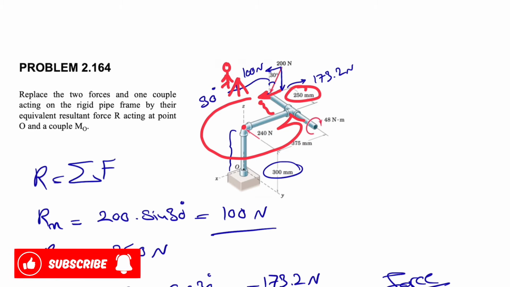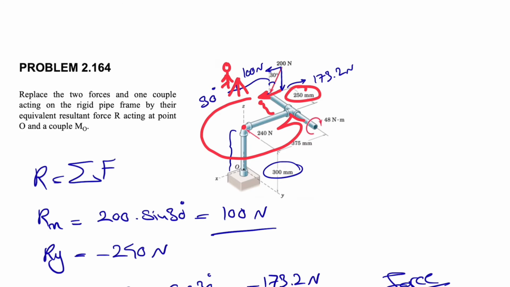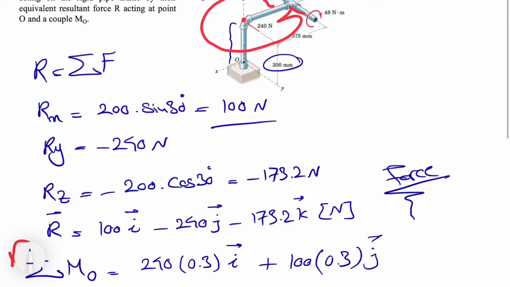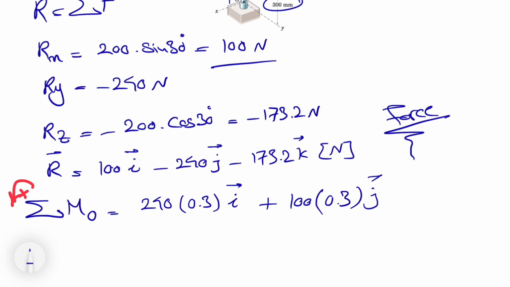So for the 100 Newton force, we also have a moment about the z-axis. The force again is 100, the distance is 250, and since it's counterclockwise, if we look at the z-axis from the point of view of this little guy that I showed in red, we'll see that the moment is counterclockwise, and we always consider counterclockwise positive.